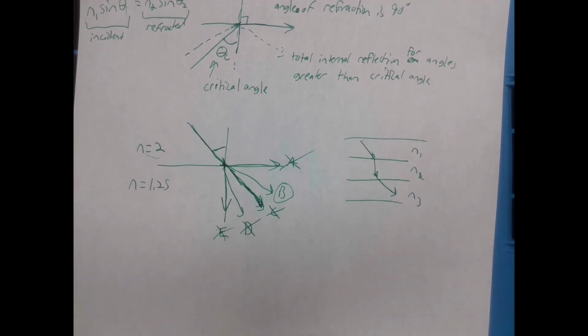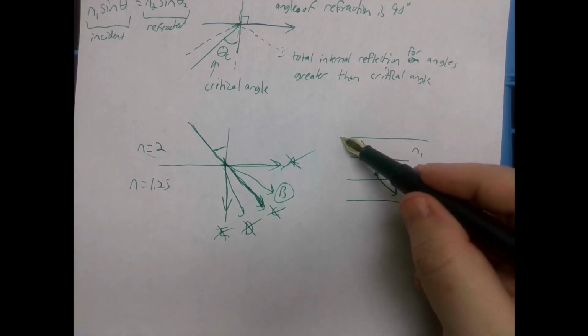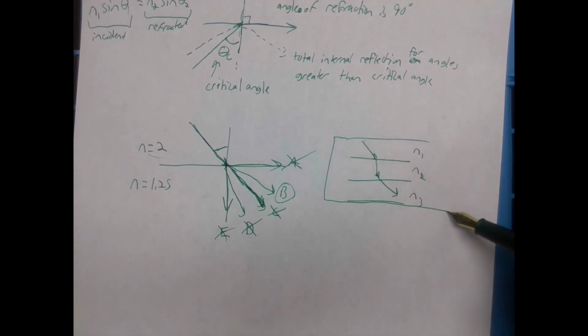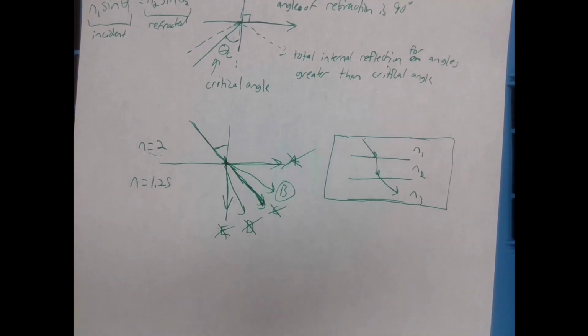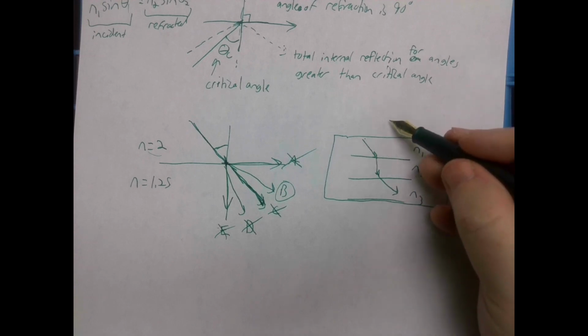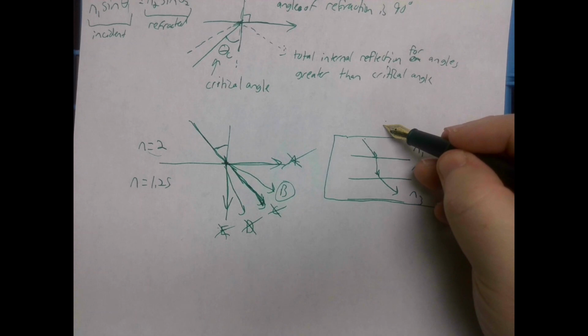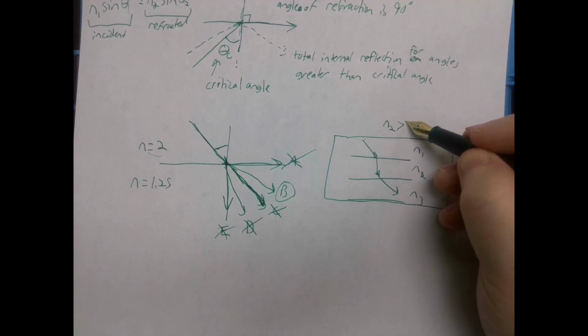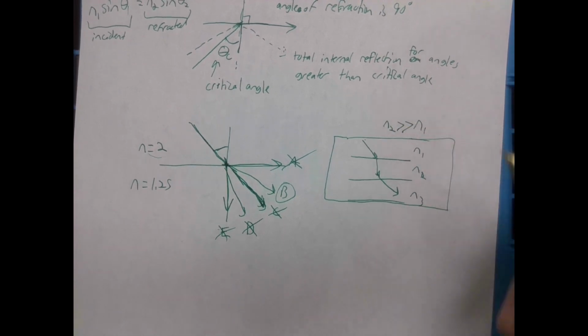Which one has the greatest index of refraction? Or put them in the correct order. Well, we know that this has the most extreme bend, and it bends toward. So we know that N2 must be very much greater than N1.